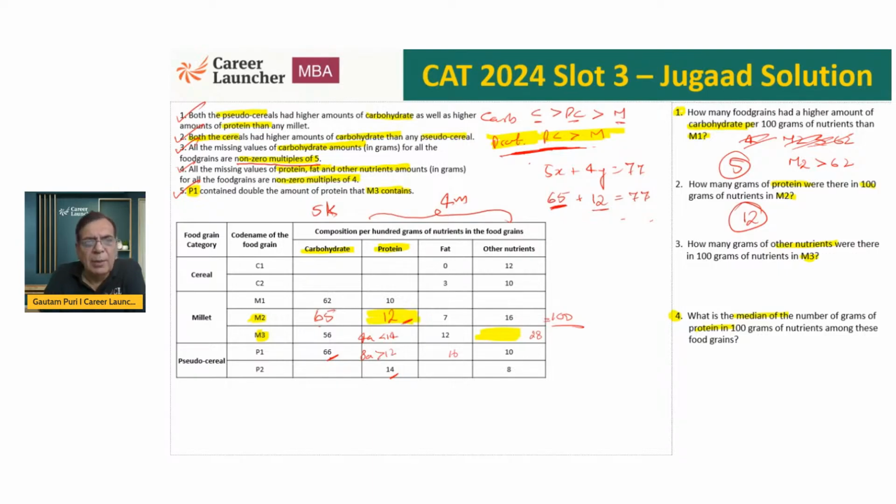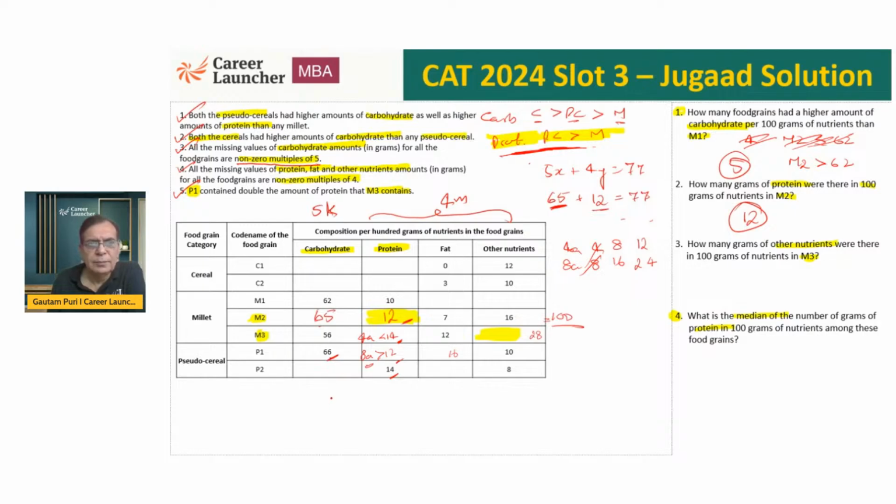Now please tell me, what are the possibilities for 4A and 8A? 4 and 8: because 8A should be greater than 12, this goes away completely. Then 8 and 16: 4A is 8, less than 14, and 8A is 16, more than 12, perfectly fine. Then 12 and 24.